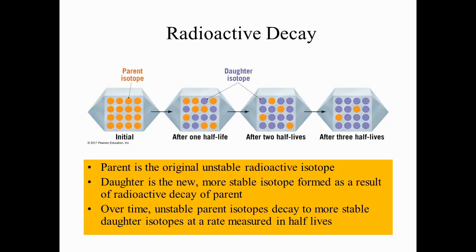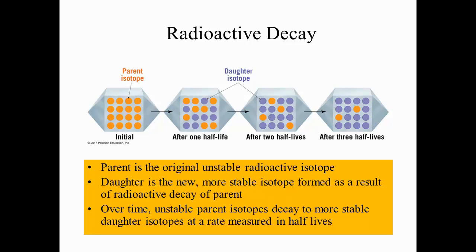So the idea behind radioactive decay is that we start out with a parent isotope, which is the original unstable radioactive isotope. And over the course of time, the parent will spontaneously decay into a new, more stable isotope referred to as the daughter, and in the process result in the formation of an entirely different stable isotope.